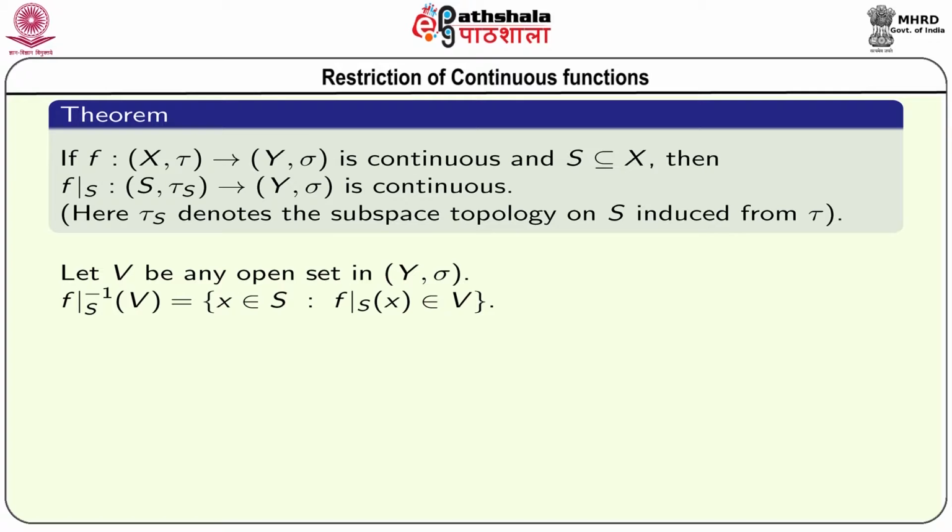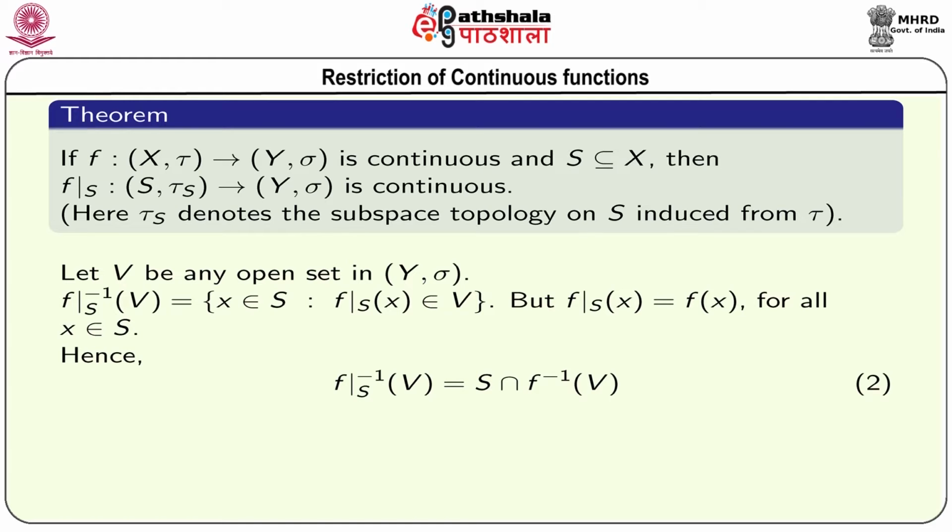Now, (f restricted to S) inverse of V is equal to all the points of S such that f restricted to S maps the point x inside V. But f restricted to S at any point x of capital S is the same thing as f x for all x in S. Hence, (f restricted to S) inverse of V is equal to S intersection f inverse V.